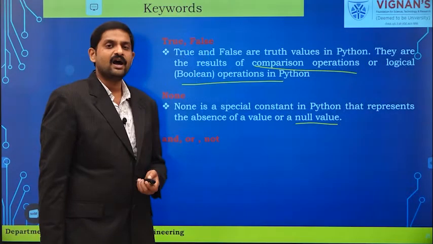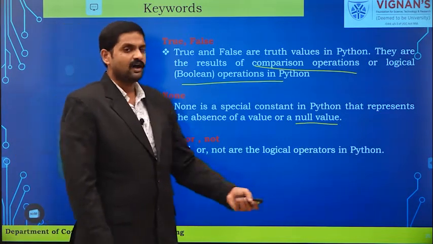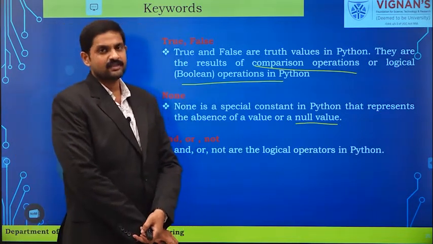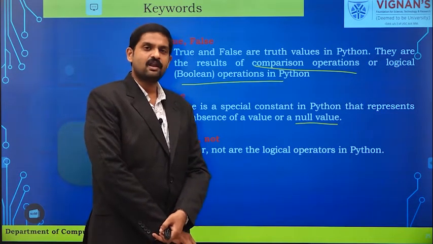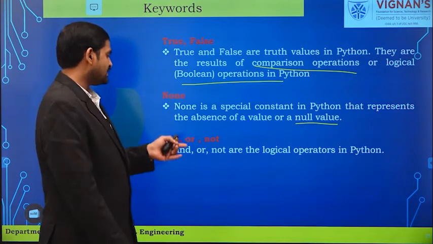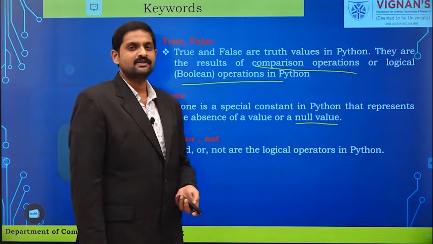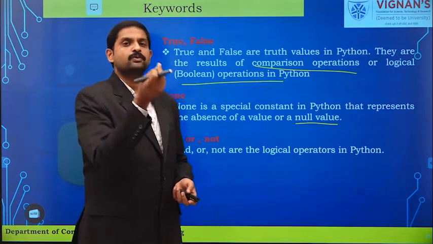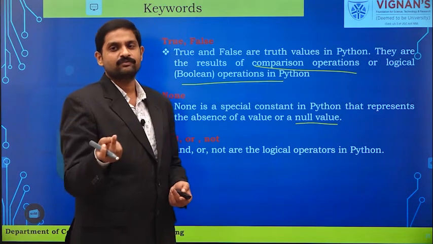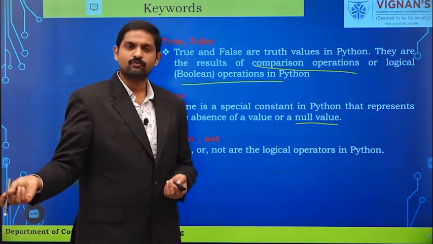Next, and, or, not. And, or, not are the logical operators in Python. You all know that in digital logic design you also see the AND gate, OR gate, NOT gate and their truth tables. If the inputs are 1 and 1, then the AND gate output is 1.